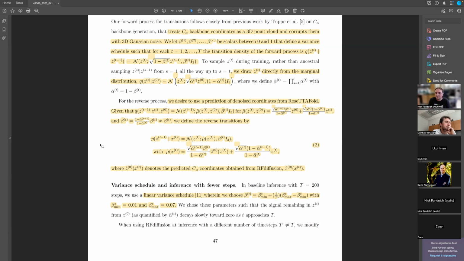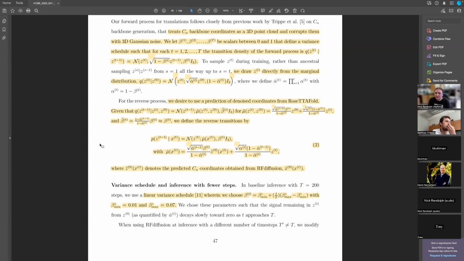We're only working with backbones, which is how we do that. Because we're just using the backbones from the PDB, essentially we're stripping all the side chains and all the sequence information away, and trying to predict the distribution of backbones. So that's how they get around that.